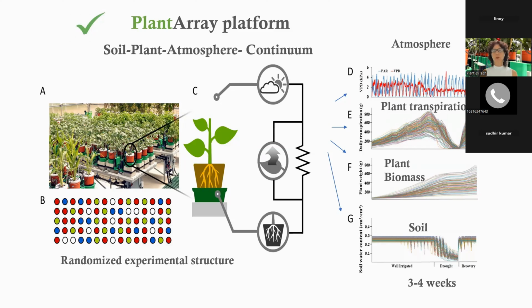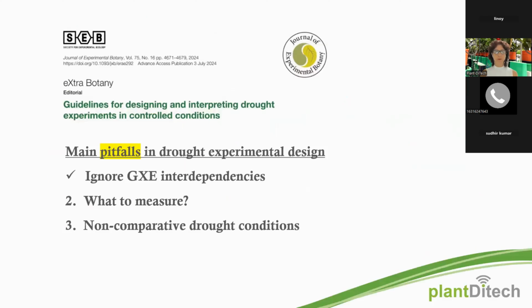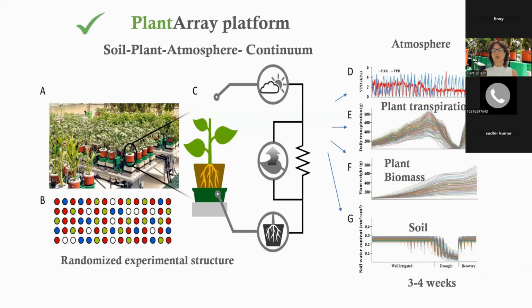A randomized structure ensures that all the plants and all the different genetics and different treatments are done in a more or less equal environment. So we discussed G times E and how we can take them into account if we measure them, right? By the way, I didn't mention, but the PlantArray system also normalizes to the environment. So some of the parameters are normalized to the VPD, for example, again, in order to relate the plant to the environment.